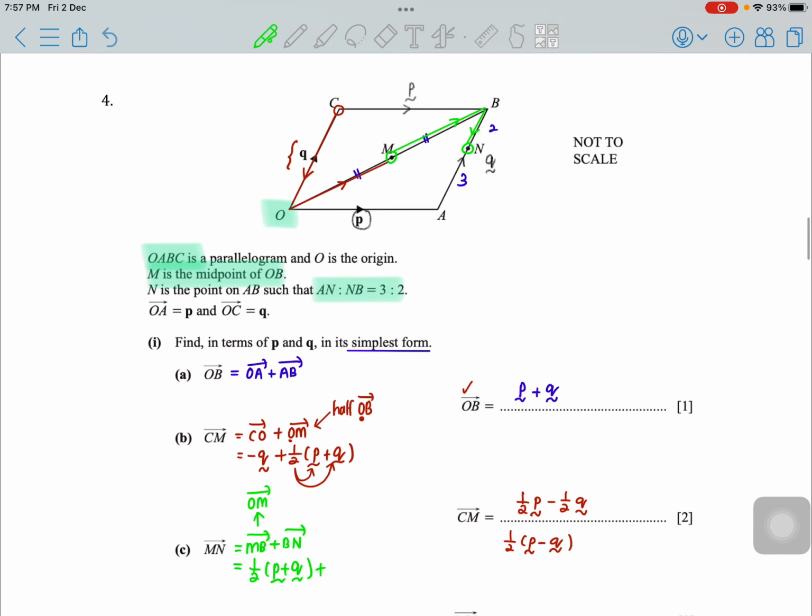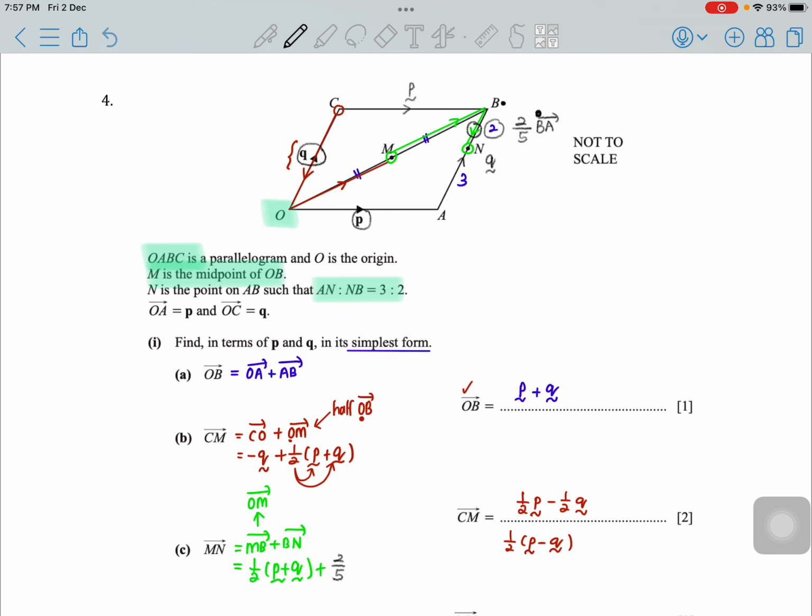Then I need my BN. What is BN? We know that this is 2 over 5 of my BA. See here, because you are going down now, do not write AB. Your starting point here is B. Then you want to go from B to N. So this starting point also has to be a B now. So it's 2 over 5 BA. What is BA? Check.